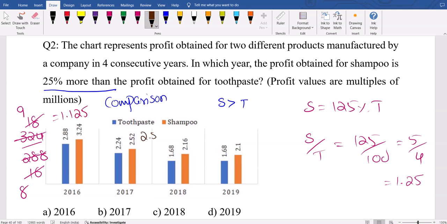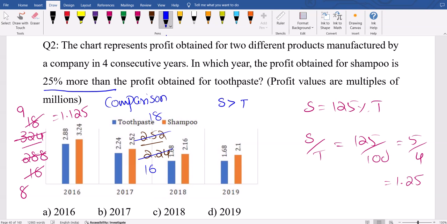Next, 2.52 divided by 2.24. So 252, 126, then 112, 14 multiples. 18 times.